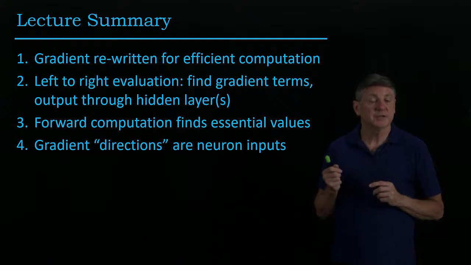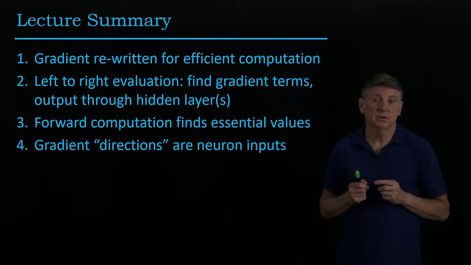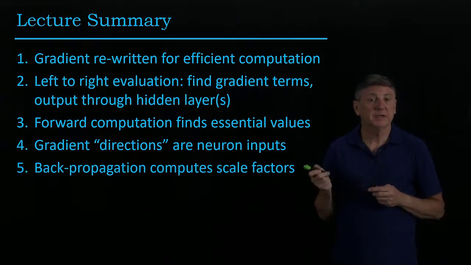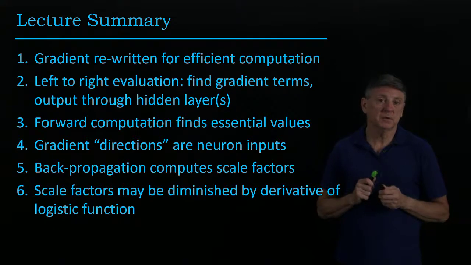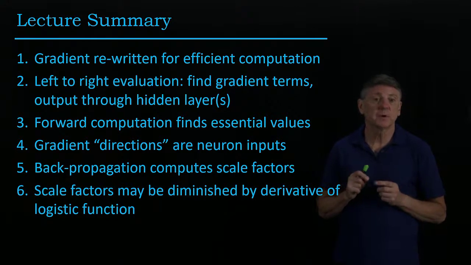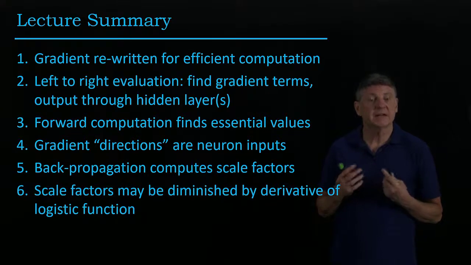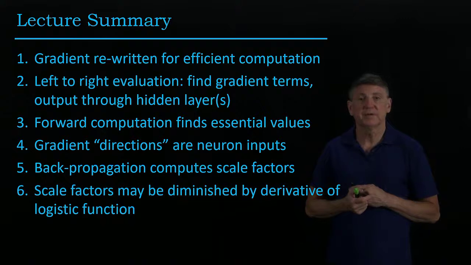The gradient directions are just the inputs to each neuron. Backpropagation is what computes the scale factors in a really efficient way. And we observe in our case that these scale factors may be numerically diminished or may become numerically very small because of the derivatives of the logistic function, if that's the activation function that we're using in our neural network.